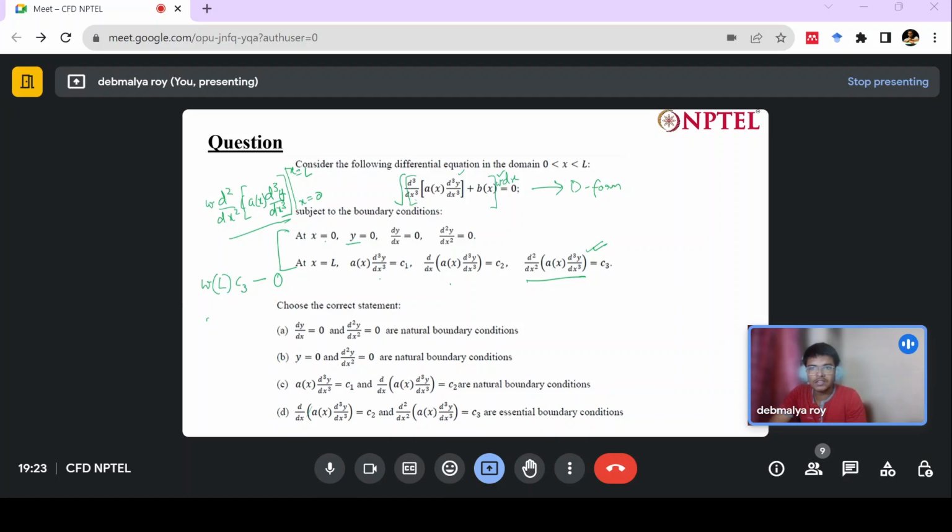Right? At x is equal to 0, these conditions that are given, these are what? Natural or essential conditions? Can someone please say?